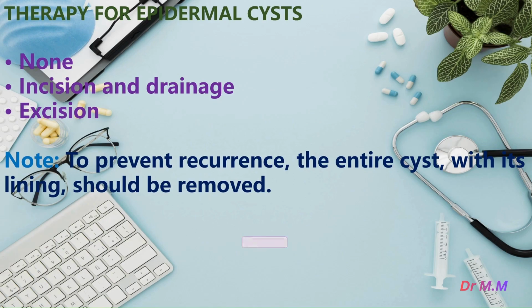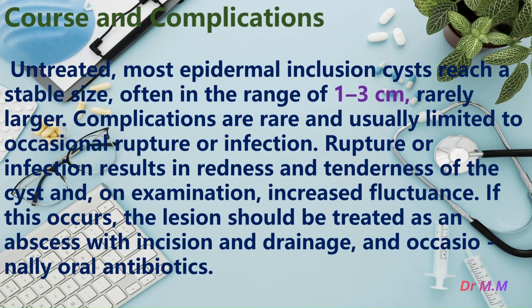The conclusion of therapy for epidermal cyst: usually no therapy is needed, but if it's needed, incision and drainage and excision are the choices. Note: to prevent recurrence, the entire cyst with its lining should be removed. Course and complications: untreated, most epidermal inclusion cysts reach a stable size, often in the range of 1 to 3 cm, rarely larger.